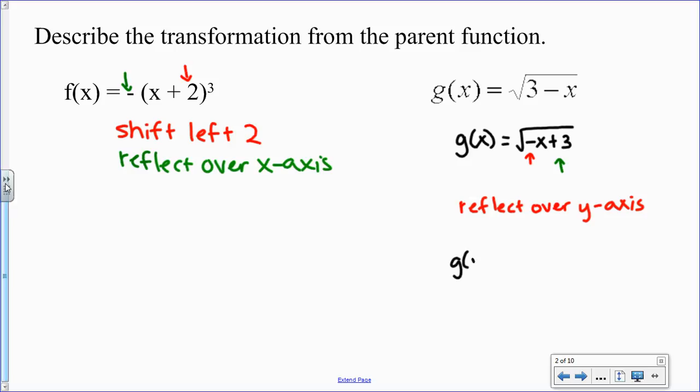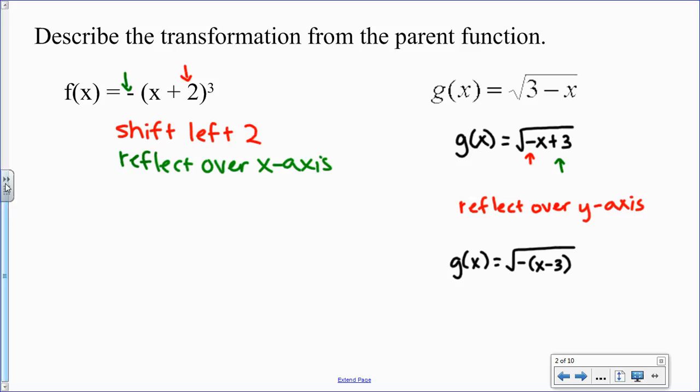So it's actually like this. Okay? It actually has the minus 3 because when you do your horizontal shifts, you have to be just looking at x, not the negative x.